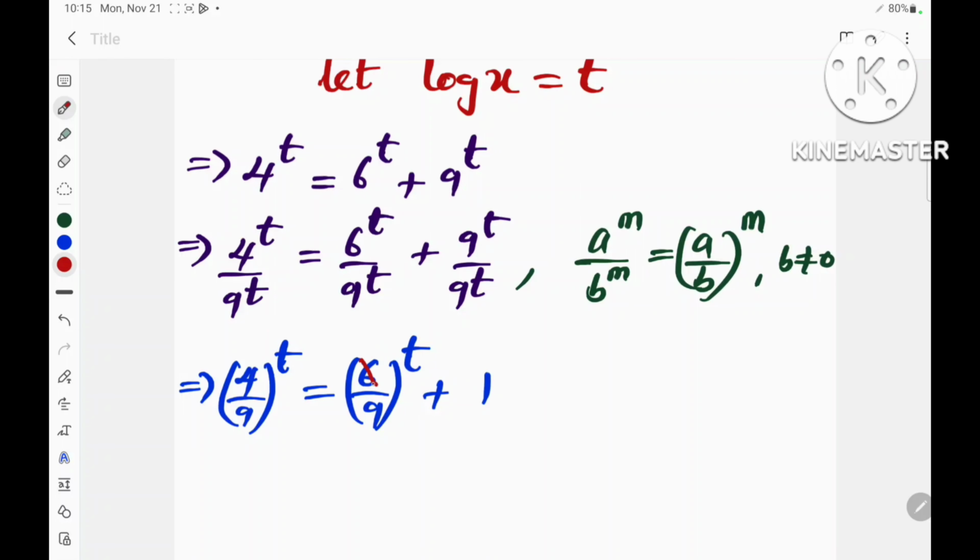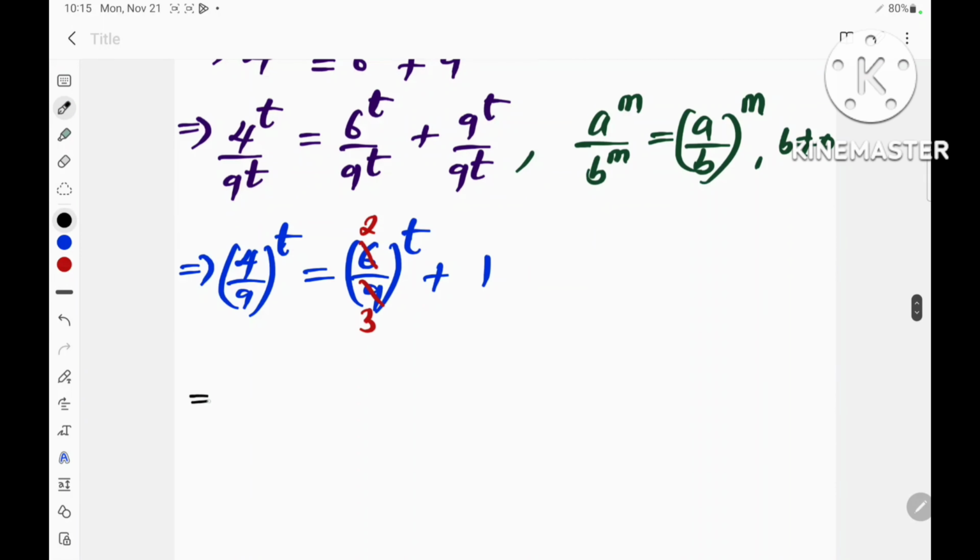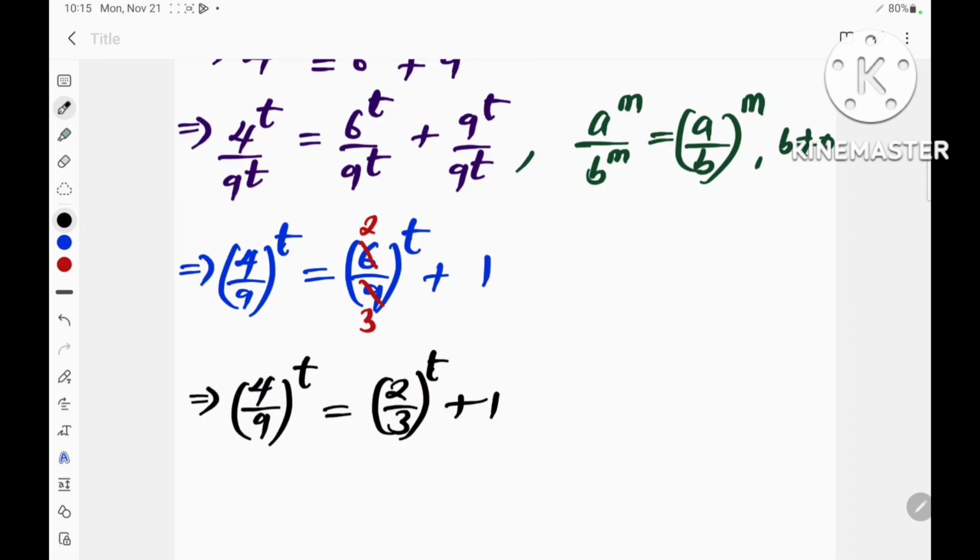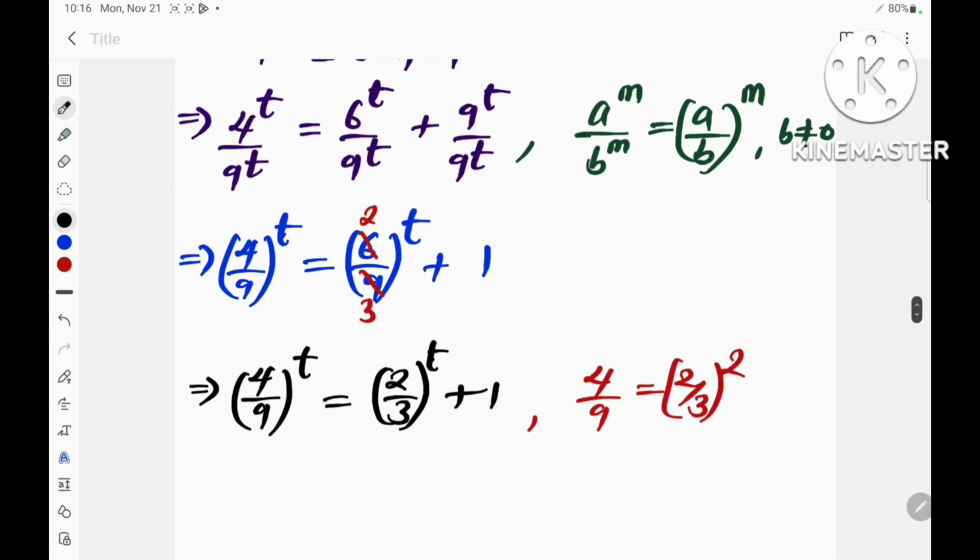And we know that 3 divides 6 two times, and 3 divides 9 three times. So this implies that 4 over 9, all this raised to the power t, is equal to 2 on 3, all this raised to the power t, plus 1. But we can also express 4 over 9 as 2 over 3, all this squared.